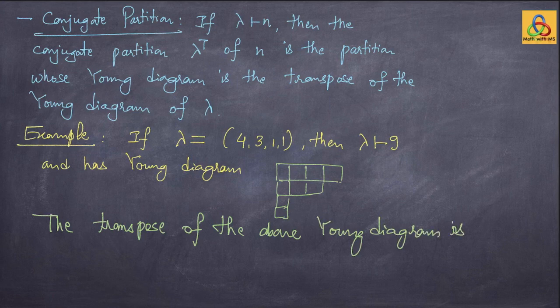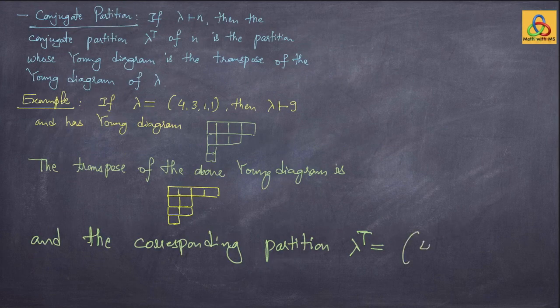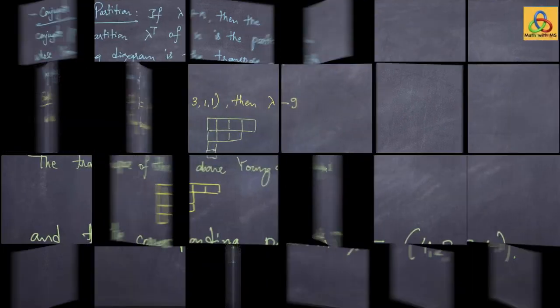It has 4 boxes in the top row, then 2 boxes in the second row, 2 boxes in the third row, and 1 box in the last row. And the corresponding partition is 4, 2, 2, 1. So given a partition, we can obtain another partition called the conjugate partition, and it's easy to see from the diagrams.